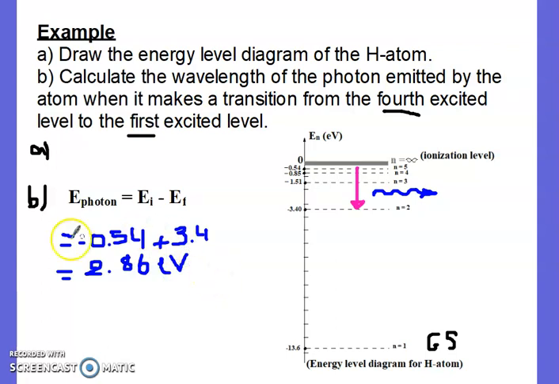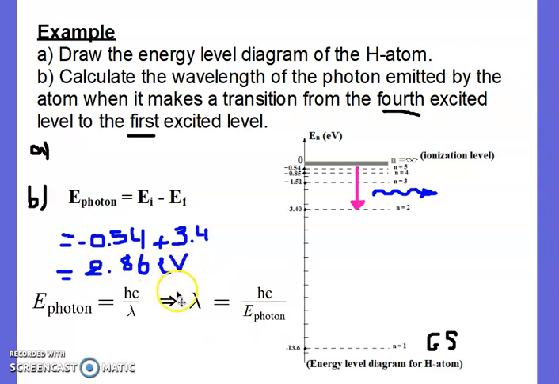Okay? Now we want what? The wavelength of the photon. You know the rule of the wavelength. E of the photon is equal hc over lambda or h nu, then lambda equal hc over energy of the photon. Now we replace the value of h, which is a universal constant, and the speed of light c, and this is the energy of the photon, 2.86 eV, electron volt.